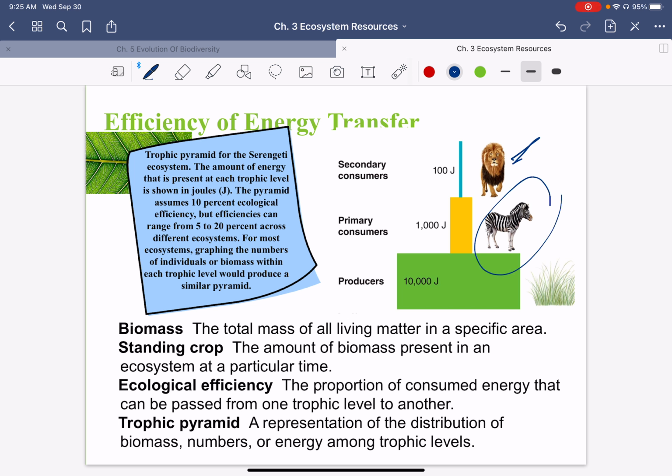A lot of herbivores are far greater than that. I mean, if you think of the biggest animals on the planet, they're all herbivores, or at least the biggest terrestrial ones. Whales are consumers, but there's a reason for that. So, elephants, hippos, giraffes, zebras, cows, all that, they're all herbivores. And the reason is that they get more energy from being lower on the food chain than predators do.